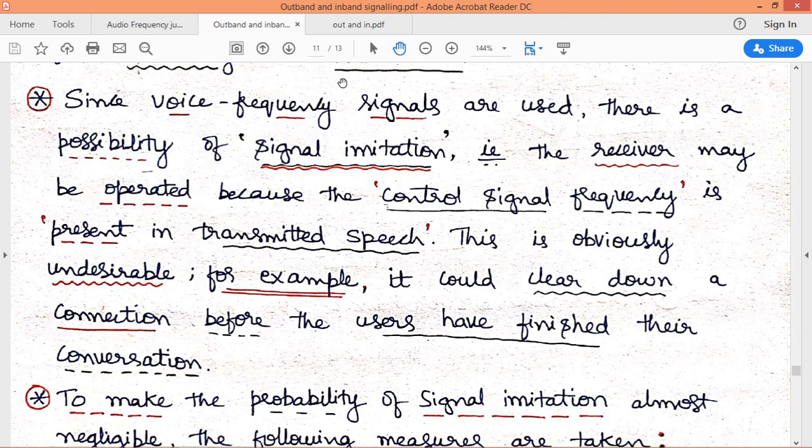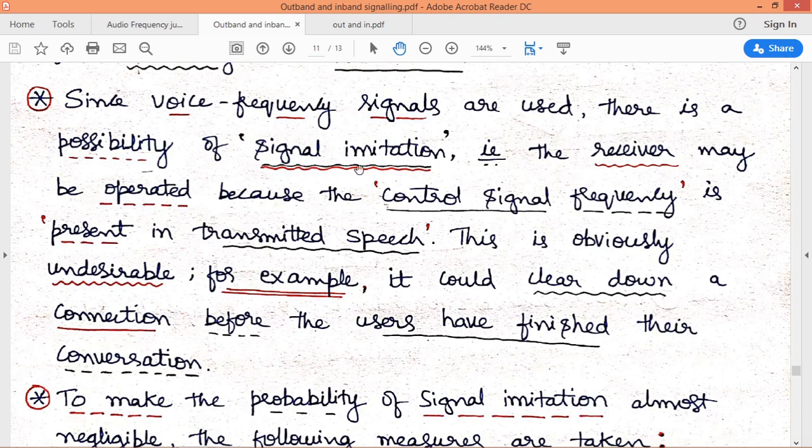In such a case, the receiver does not understand whether it is a control signal or a speech signal, and it may operate wrongly or incorrectly. We call such a thing signal imitation.